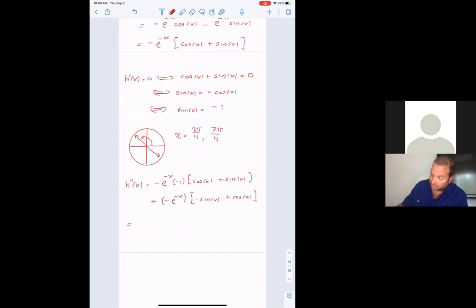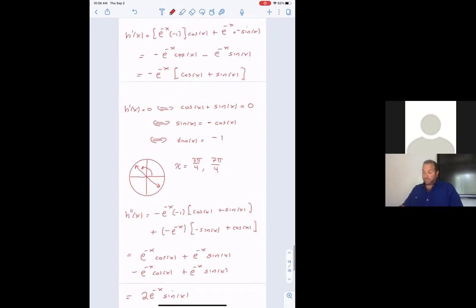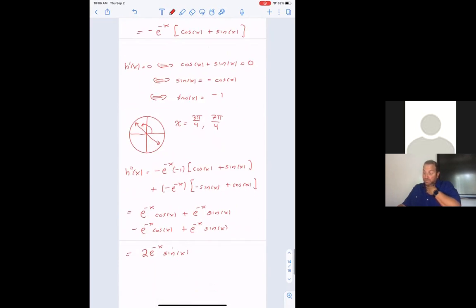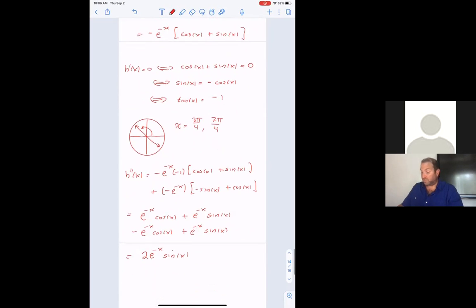So this gives us e to the negative x cosine of x plus e to the negative x sine of x plus another e to the negative x sine of x minus e to the negative x cosine of x. So this gives me 2 e to the negative x sine of x as the second derivative. Wouldn't expect that, but it is what it is.